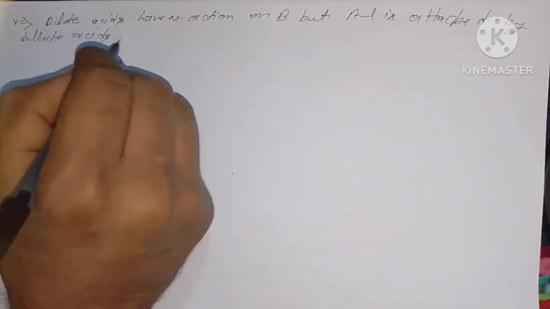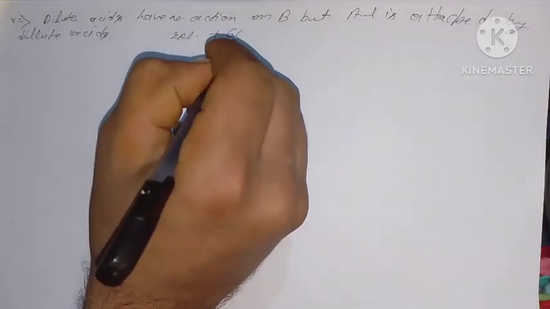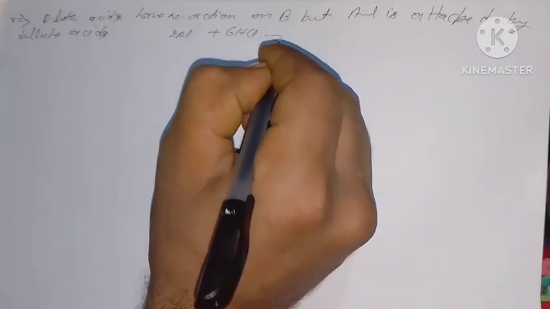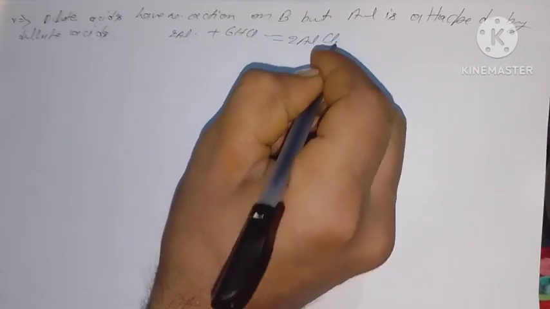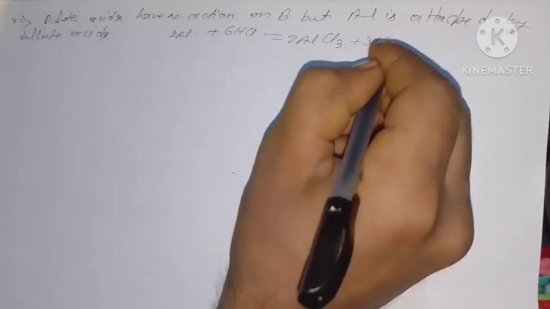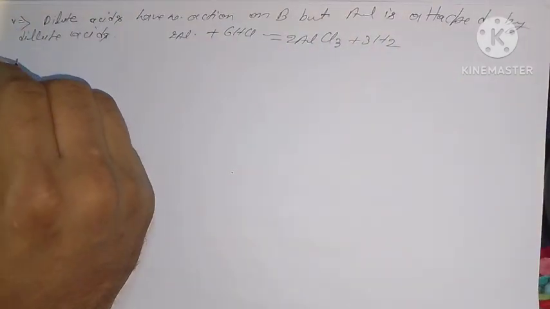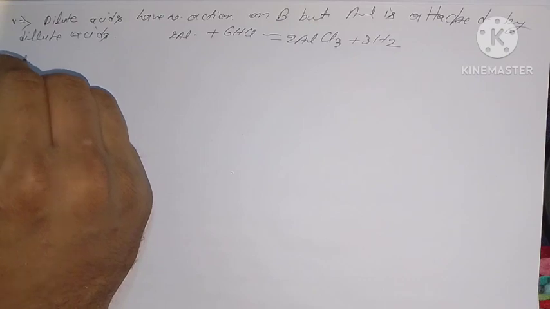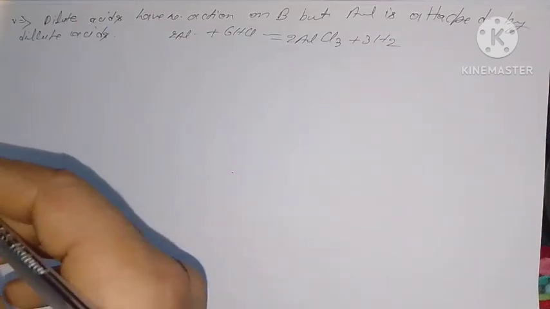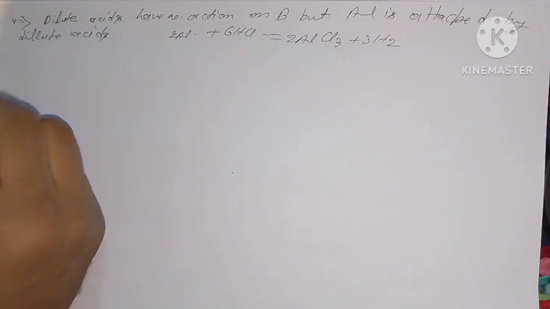As an example, 2Al plus 6HCl gives 2AlCl3 plus 3H2.